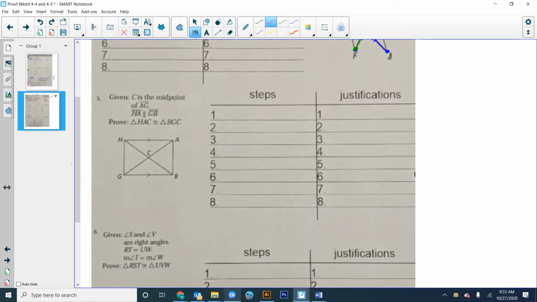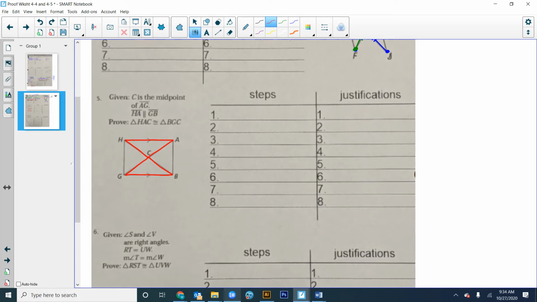Next one. Again, outline the triangles that you're trying to prove are congruent. HAC is right here, and BGC. Those are the ones that have an hourglass appearance, so I should be thinking of vertical angles.